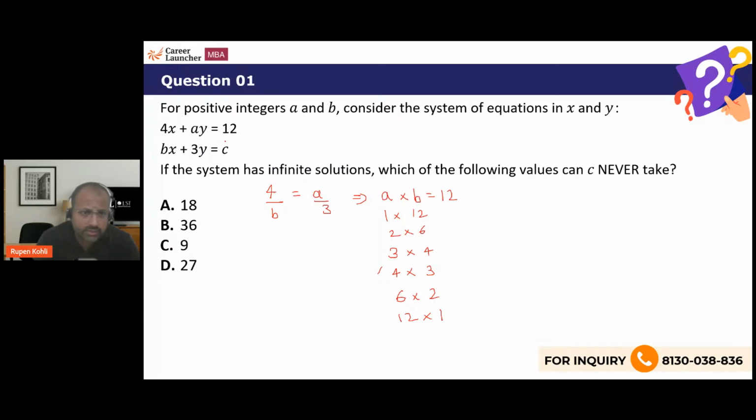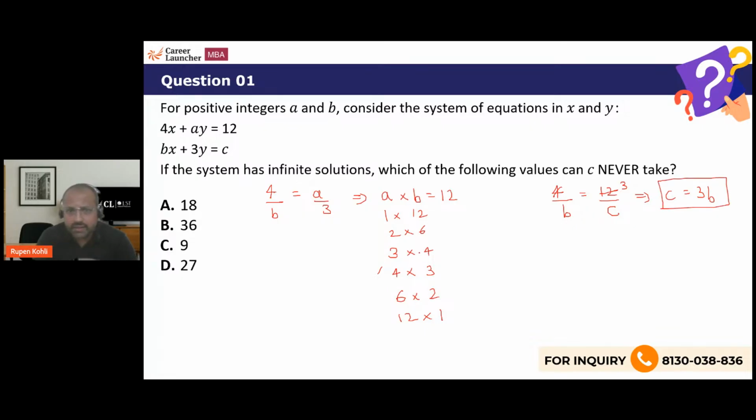Now coming to c. So let's say we equate this ratio of coefficients of x with the constant terms. So we should have, obviously, that 4 by b should also equal 12 by c. It was already equal to a by 3, it should also equal 12 by c. So from here, 4 cancels, this is 3, so c is thrice of b.